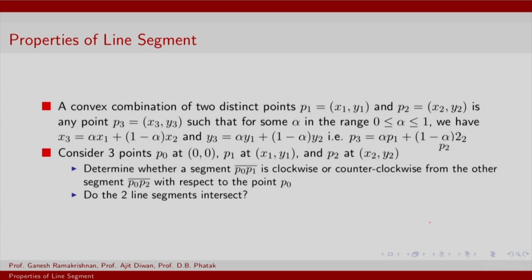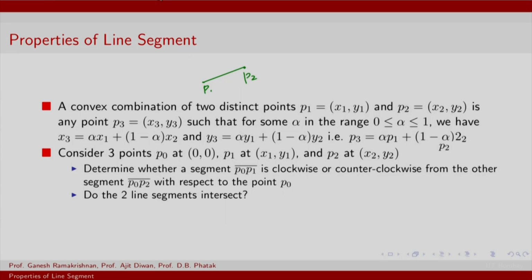Coming back to line segments, we will be interested in characterization of line segments as a convex combination of the 2 points that form the endpoints of the line segment. So let us call these 2 points P1 and P2.